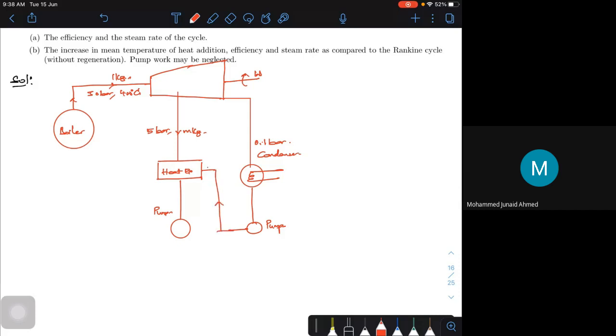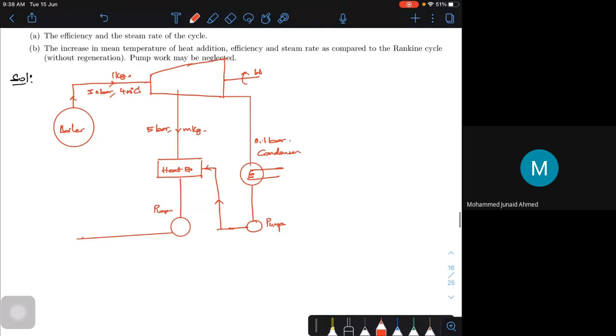So this is what is happening. Then this pump will be pumping the water to the boiler at this particular pressure. So this is what I have, a simple connection.